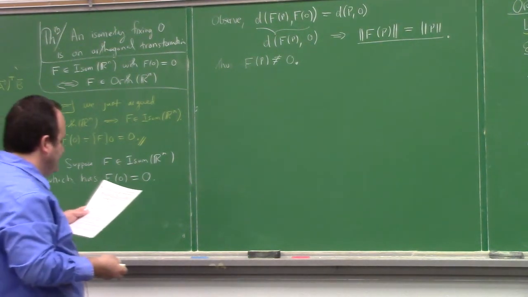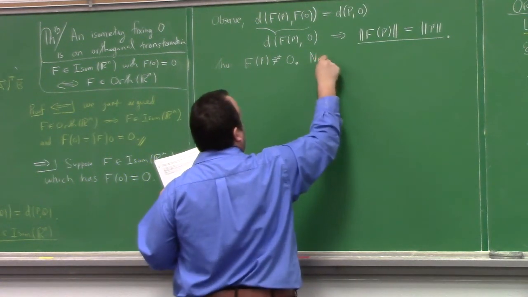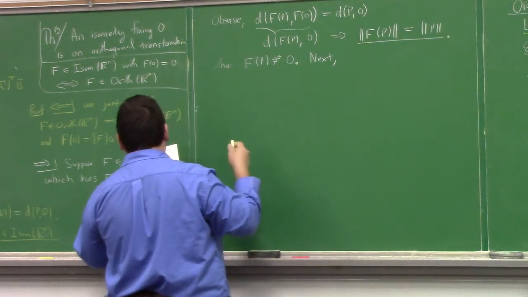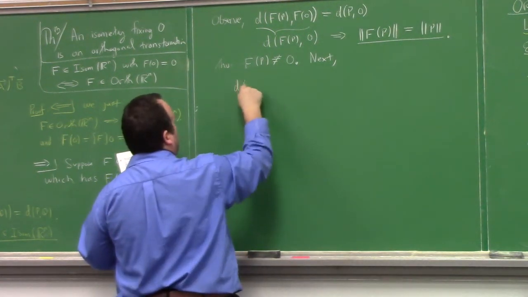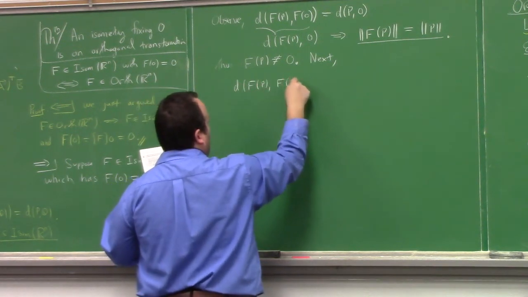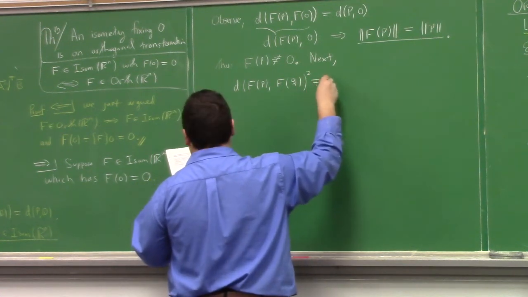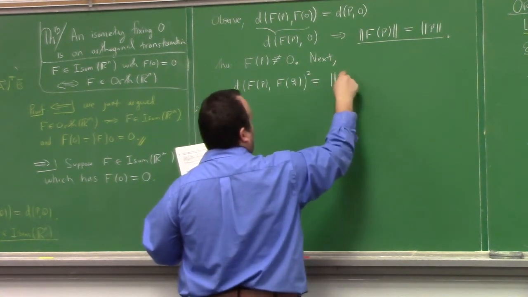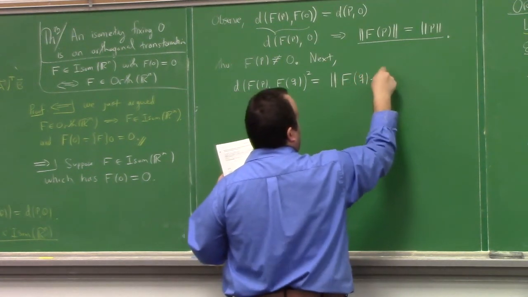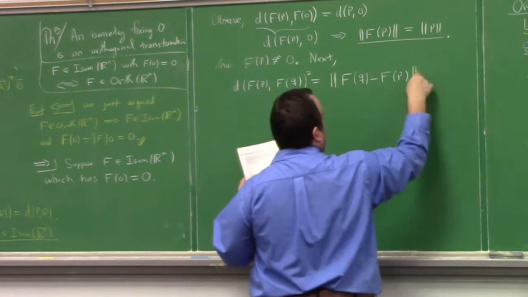All right, so next, we're going to go through a calculation. The distance from f of p to f of q squared is equal to the norm of f of q minus f of p squared.